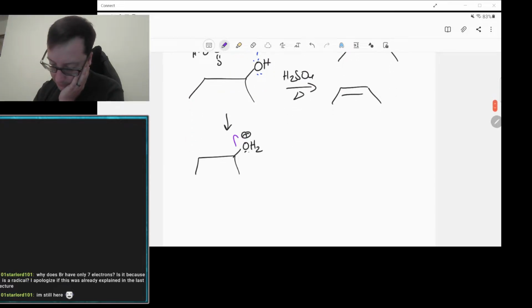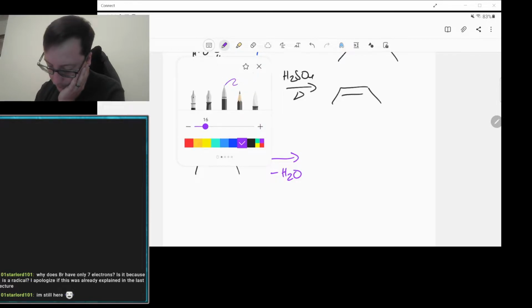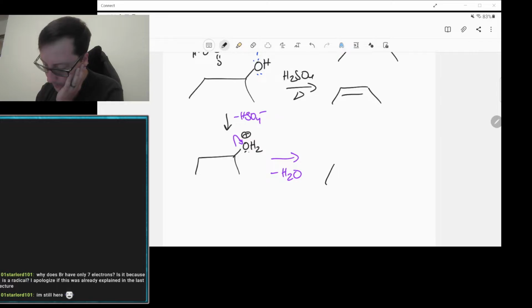So it's going to go ahead and leave. Technically, we lose this. With that, we have a carbocation.